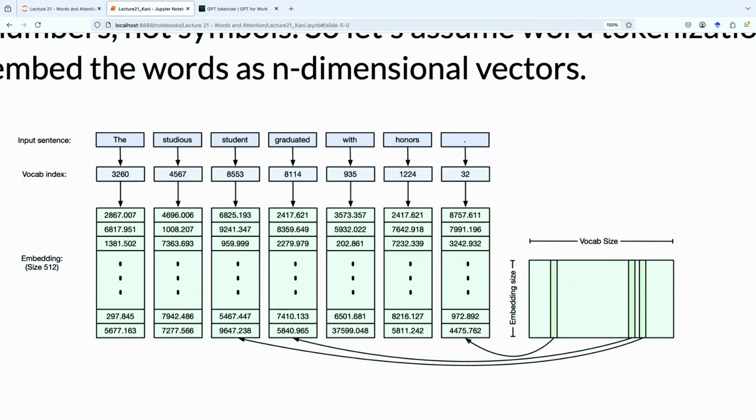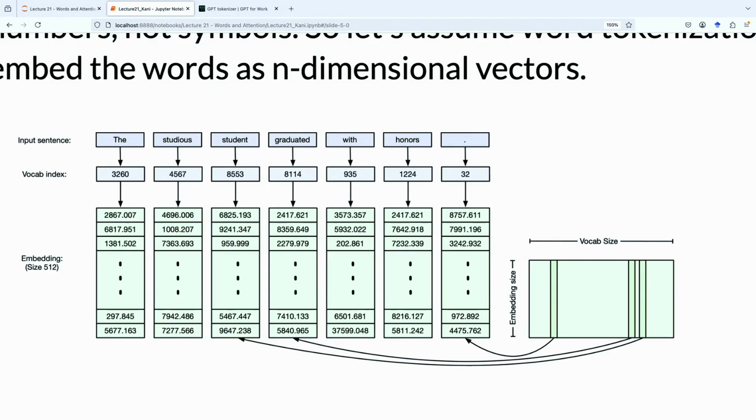Then as we train, the model will slowly see, hey, the words student and studious often appear together, so I'm going to try to make the distance between the embeddings of student and studious closer together. As the model sees more data, it will try to make the embeddings contain more and more semantic information.